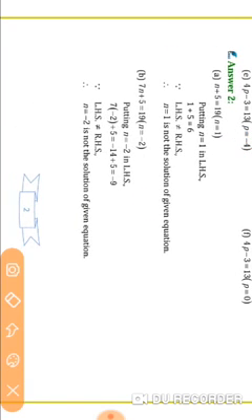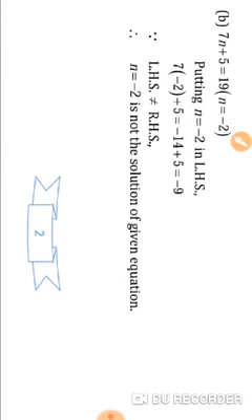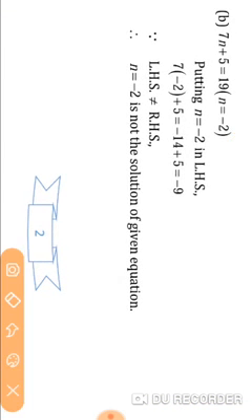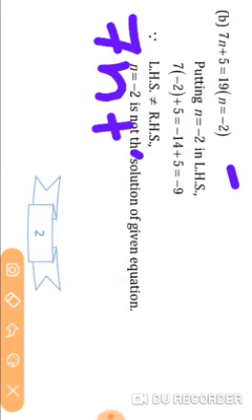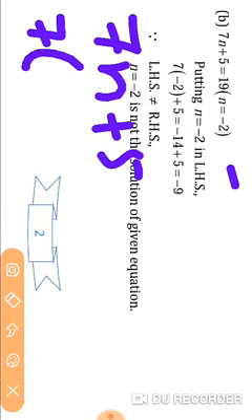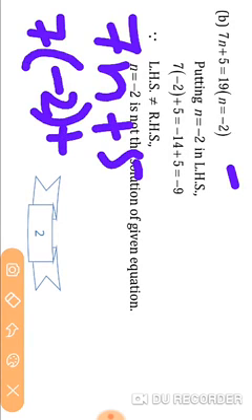Then second, b. 7n plus 5 is equal to 19. So putting n as minus 2. In place of n, what did we do? Minus 2. Because the bracket must be kept, it means it is a negative.